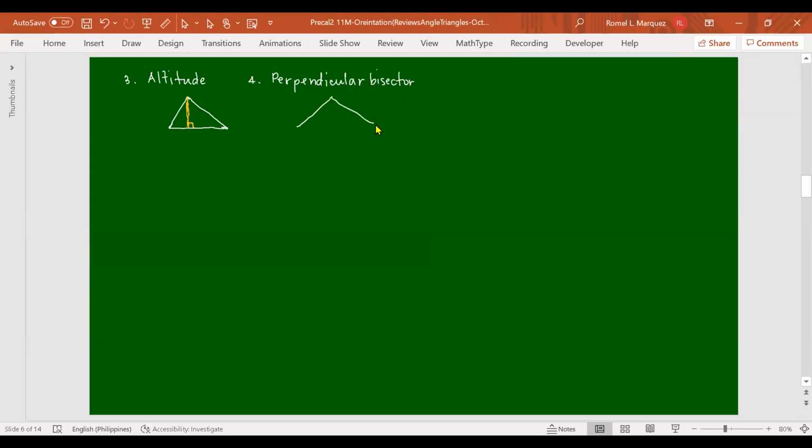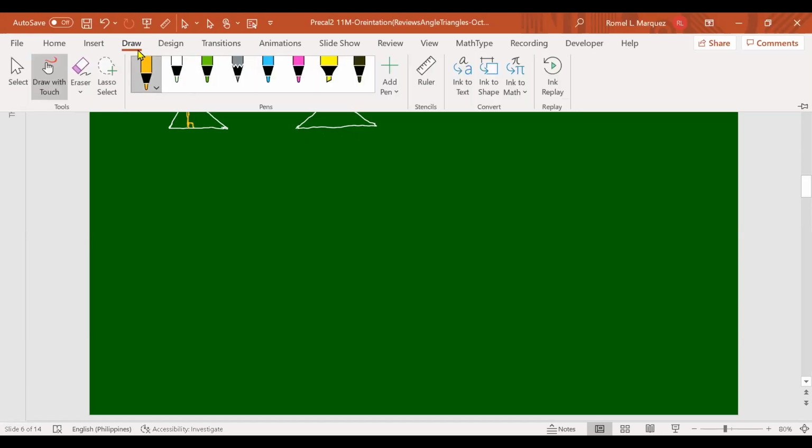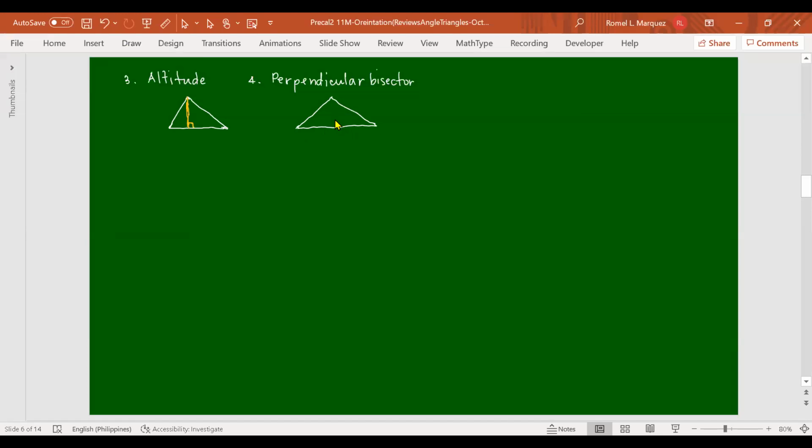Let's say this is the triangle. Which one is equidistant? So perpendicular bisector is a line dividing a side of a triangle into two equal parts, forming a right triangle with that side, no?